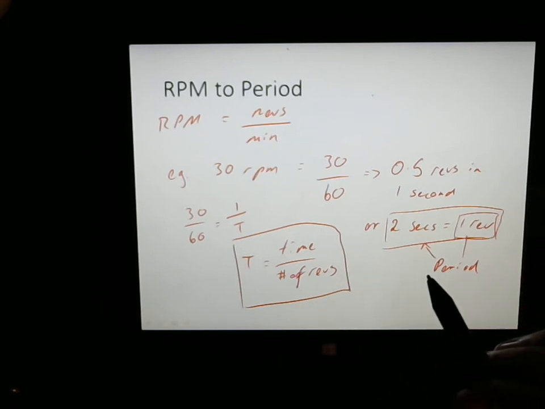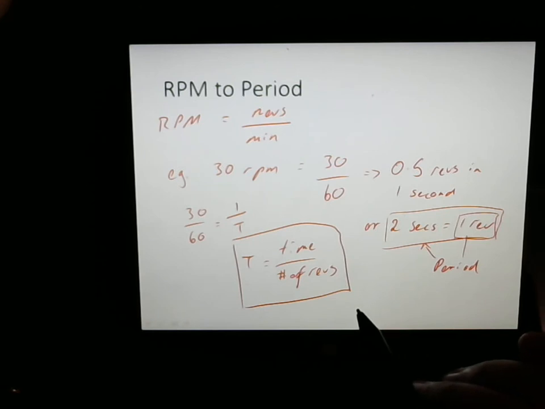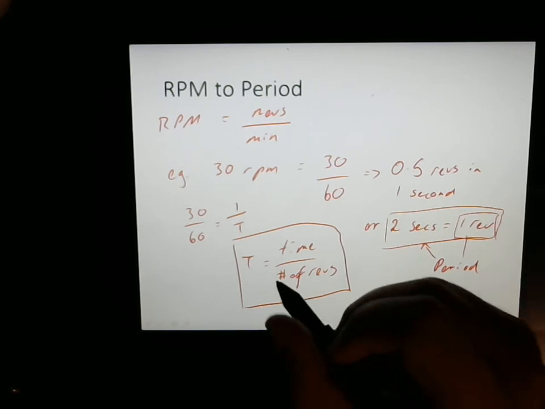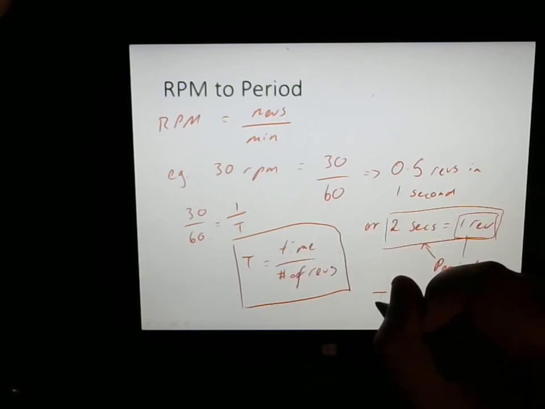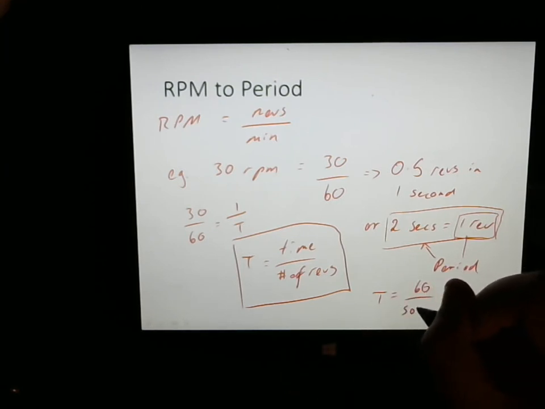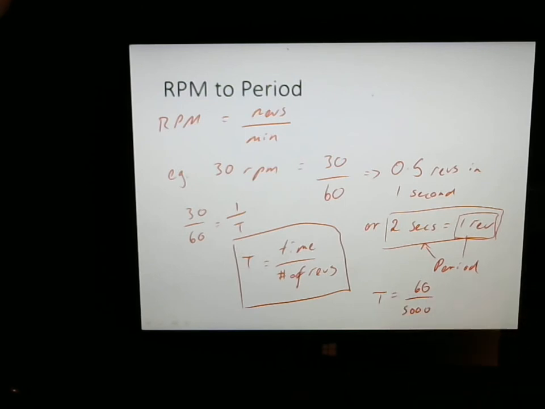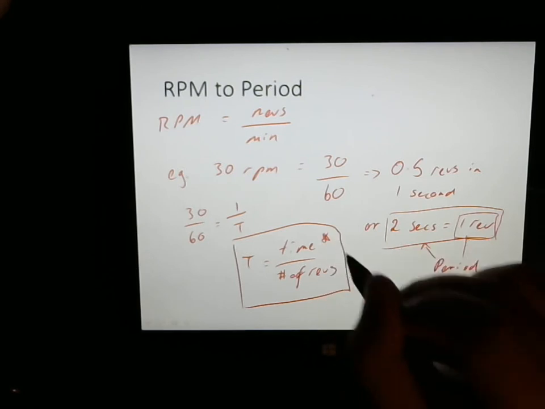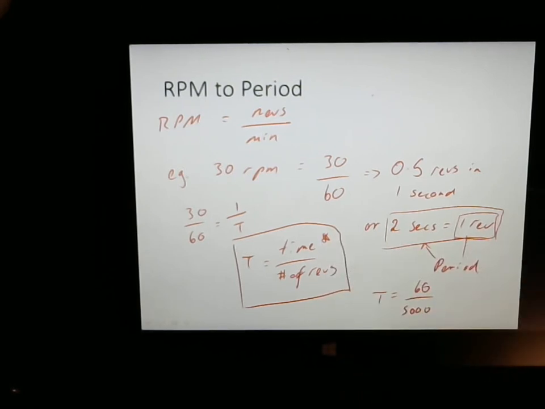But if you're just given an RPM, say it has an RPM of 5,000, you would do something like, well, time is going to be equal to 60 divided by the RPM, which is 5,000, and we could then work out the T, or the period. This formula is not something that will appear on your formula booklet, not from the version I currently have. It may change sometime in the future, so it's worthwhile to actually memorize it.